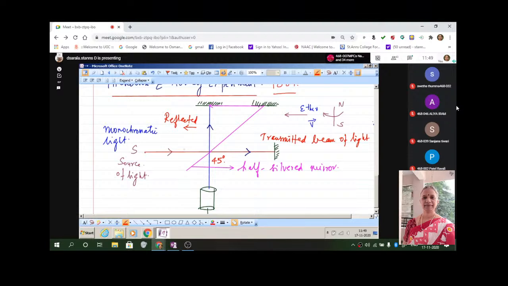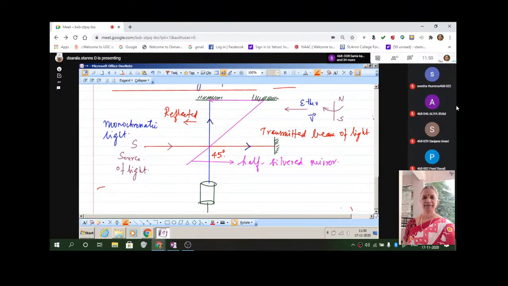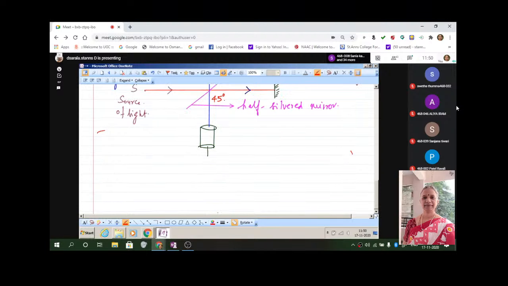So it is splitting into two beams. What is happening? First point, the incident light is split into two parts. What are the two parts? Reflected beam and transmitted beam.